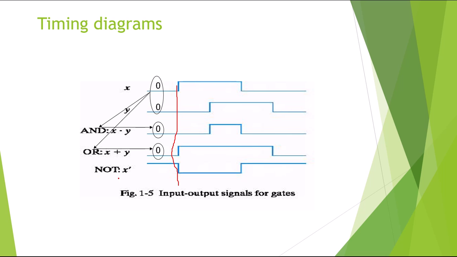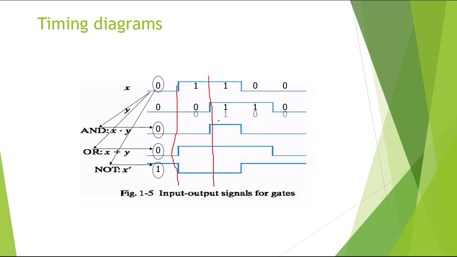And this third output is NOT of X, that is the complement of X. X is 0, and its complement will be 1. Then next, X is 1 and Y is 0. So AND will be 0, OR will be 1, and NOT will be 0.